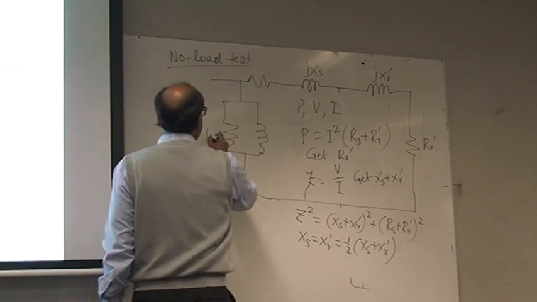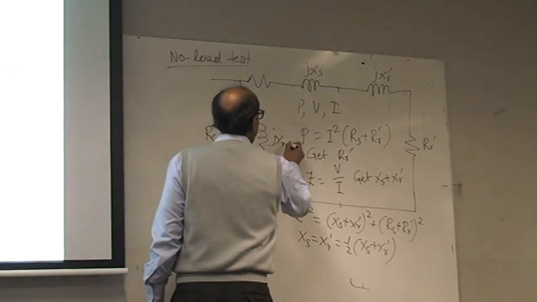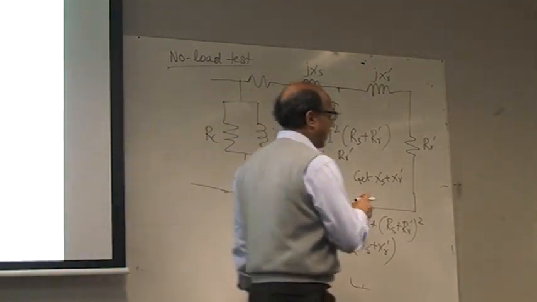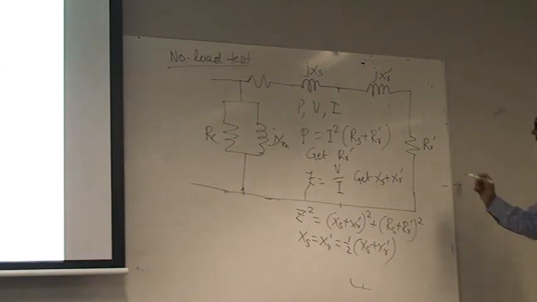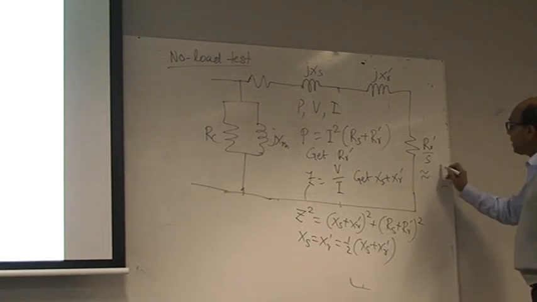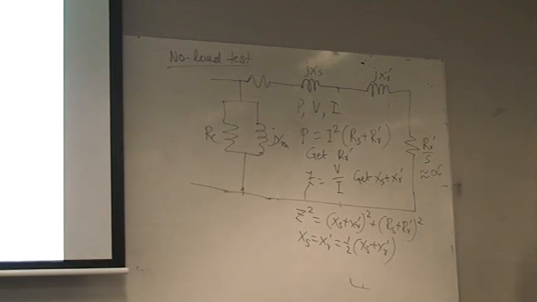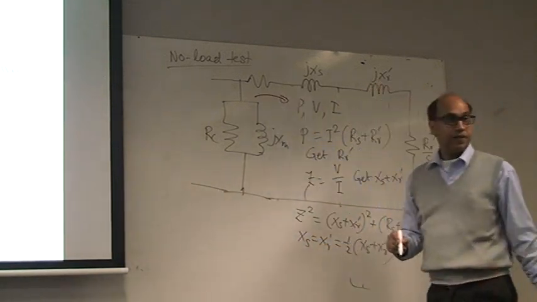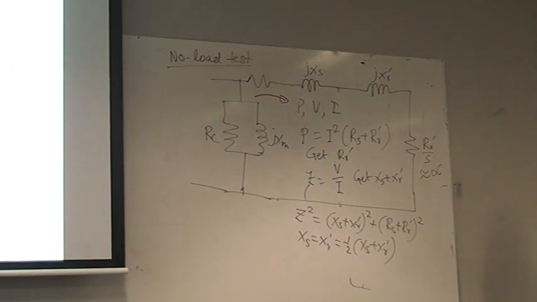Because the motor is running at no load, ideally what do you think the slip? Slip will be close to 0. If slip is close to 0, this part will be very high. If this part is very high, what do you think this current? Low. There is no current.